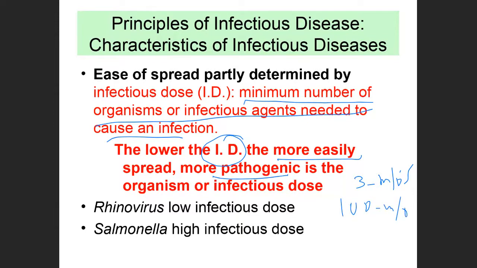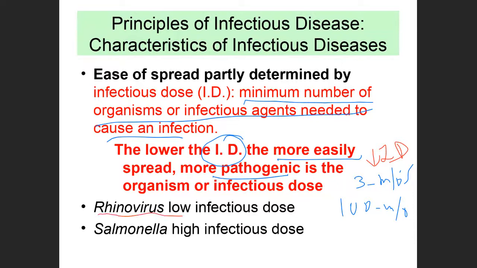So an organism that has a low infectious dose, there you go. Low dose, high pathogenicity. Exactly. So it's an inverse relationship. An organism that has a low infectious dose is a lot more pathogenic than one with a high infectious dose.